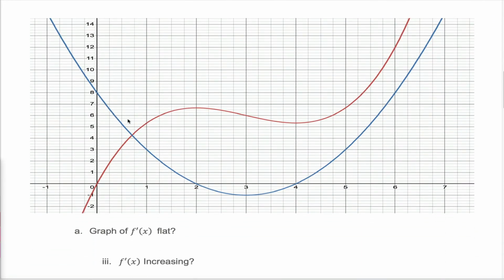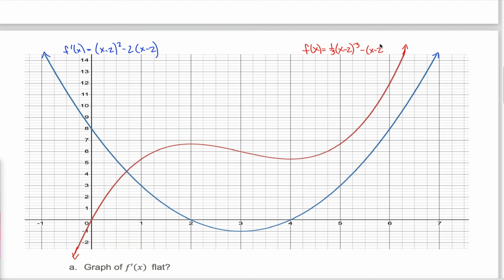Here's a picture. In blue, we have pictured f prime of x, which as we figured out above is (x minus 2) squared minus 2 times (x minus 2). In red, we have the same function as above, f of x equals 1/3 times (x minus 2) to the third power minus (x minus 2) squared plus 20/3.